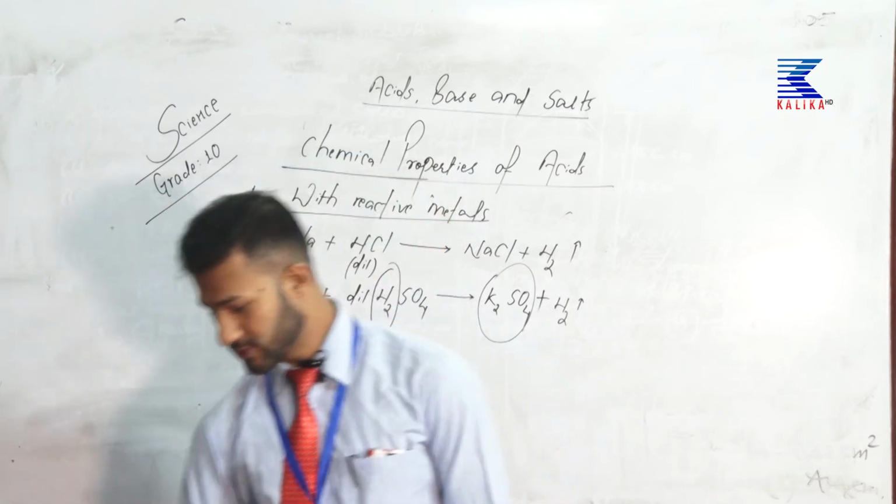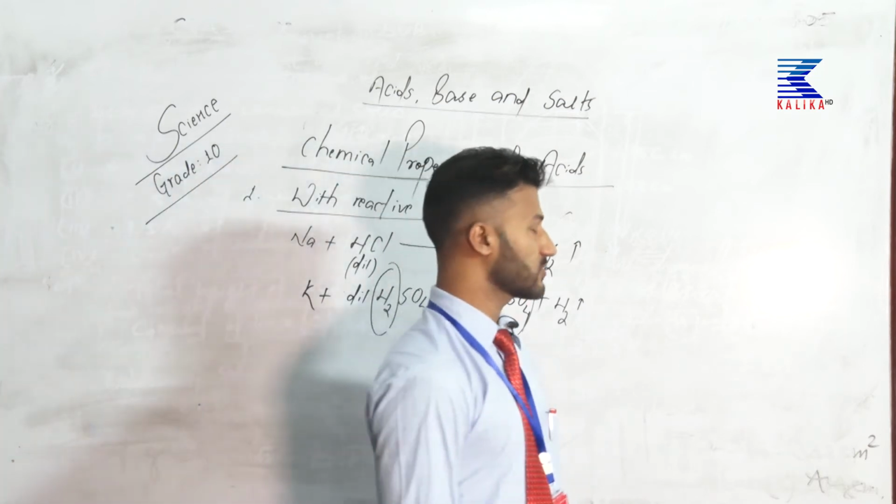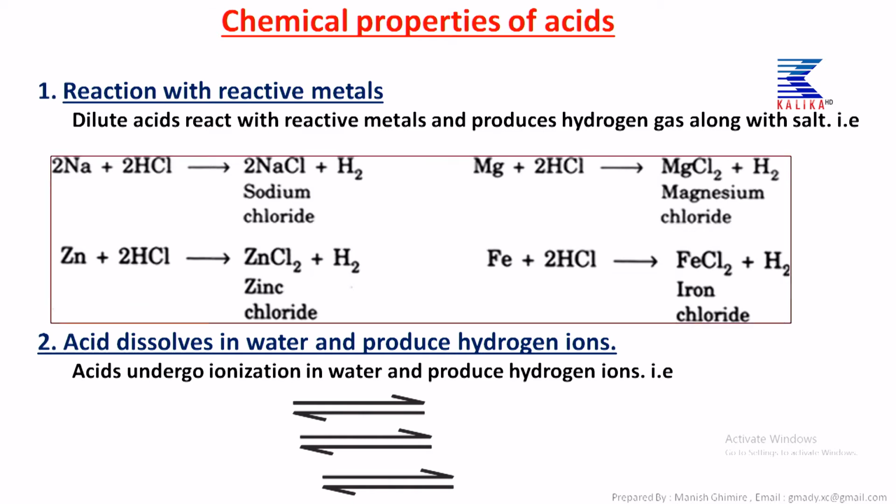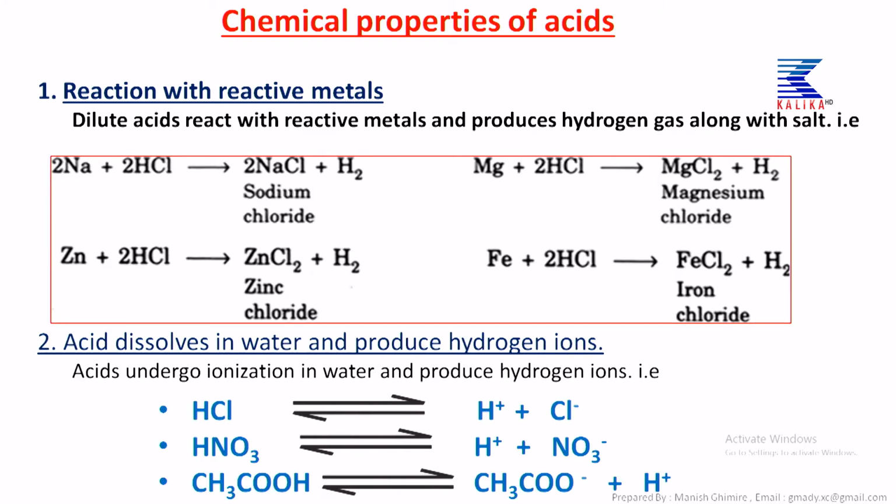So let us move to another chemical reaction. On the screen you can see, look, in the second chemical reaction, it is mentioned that acid dissolves in water and produces hydrogen ions. See the reaction there. Acids undergo ionization in water and produce hydrogen ions. Let us see the board.